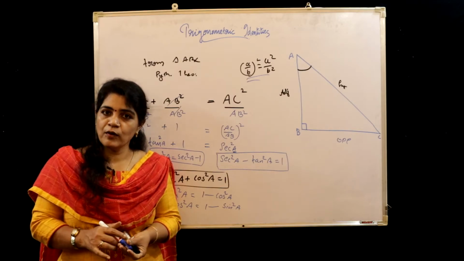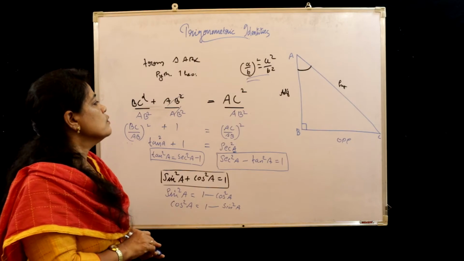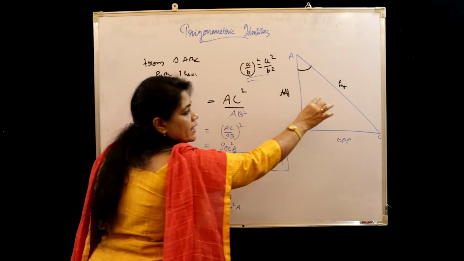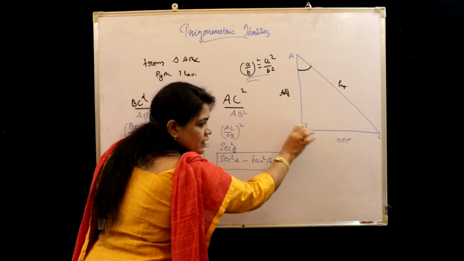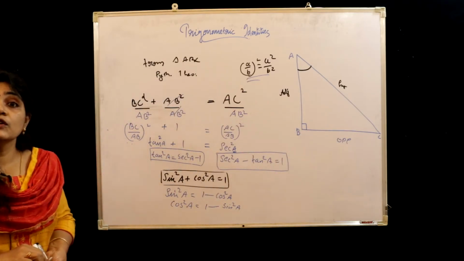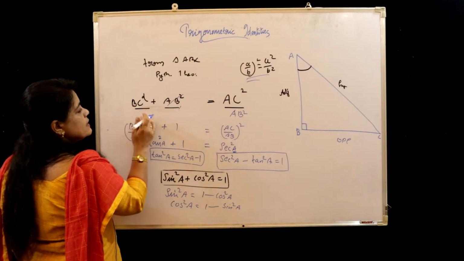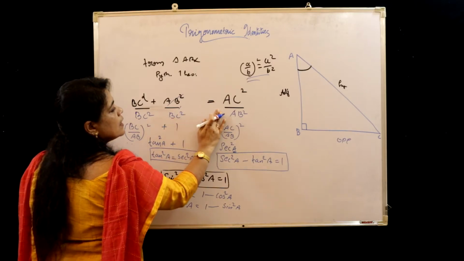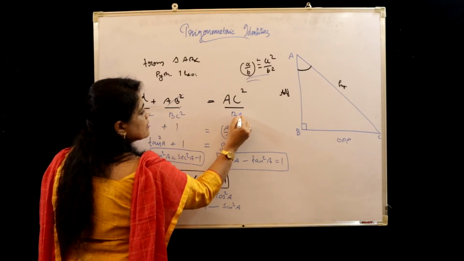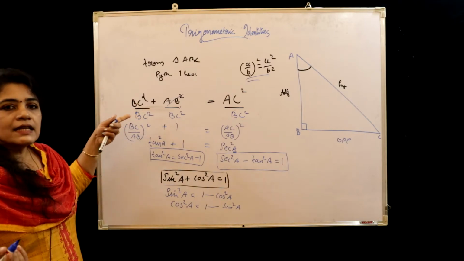Okay, now we have one more identity, and that you can easily get by dividing this Pythagoras result. We have divided first with the AC square and AB square, and in order to get the third identity, we are going to divide with the BC square. Okay, so I am going to divide with BC square, here also BC square. Okay, by looking into the figure, BC by BC gets cancelled.